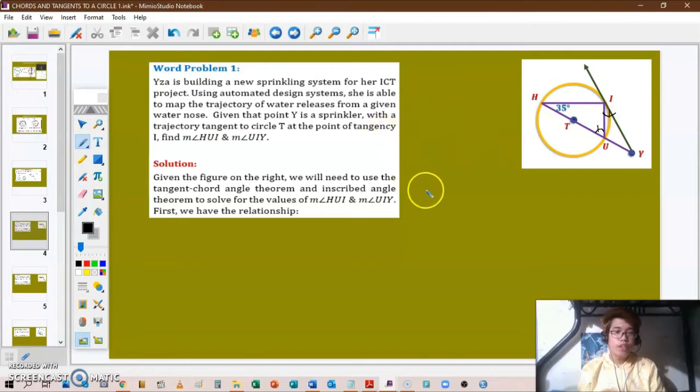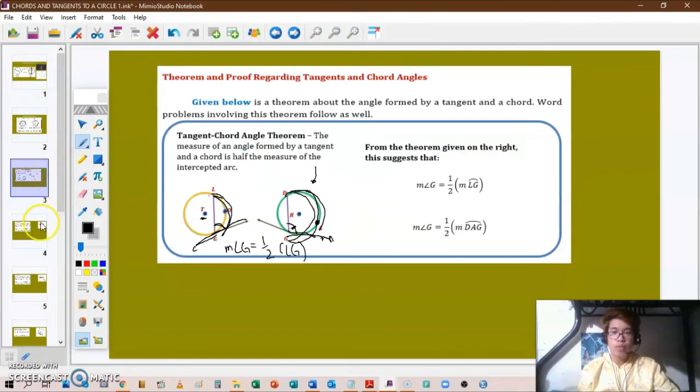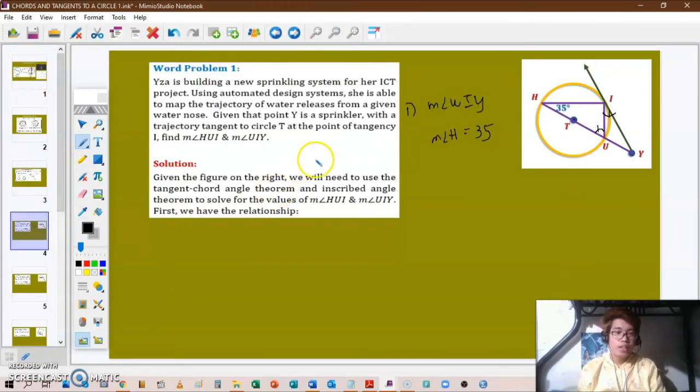First, let's find the measurement of angle UIY. We have here the measurement of angle H equal to 35 degrees. Using the chord tangent theorem, the measurement of angle H is equal to 1/2 of the measurement of arc IU.